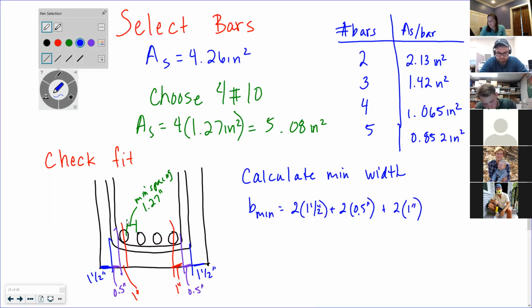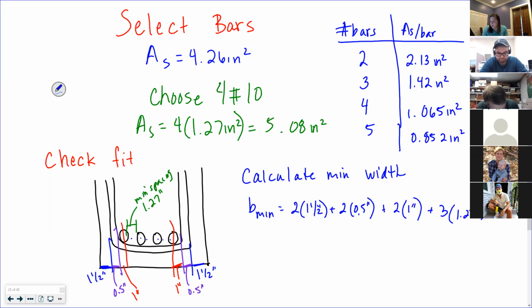So I have 3 spaces with 3, and the number of bars is 1, 2 plus 2 halves, so also 3. To meet minimum spacing requirements, I have to have a minimum width of 13.62 inches, and maybe it's 14 inches.